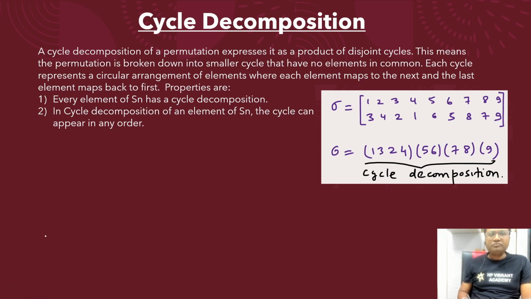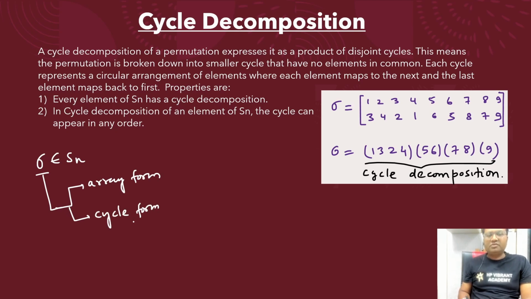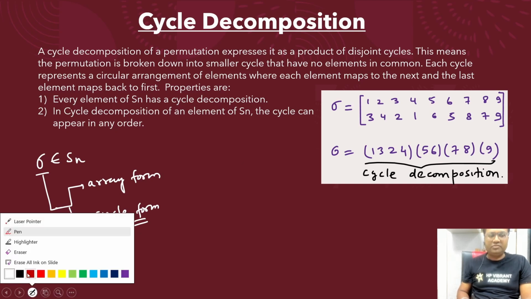In the previous set of lectures, we discussed that a permutation that belongs to a symmetric group can be represented either in array form or in cycle form. Let us take an example of a permutation in array form.